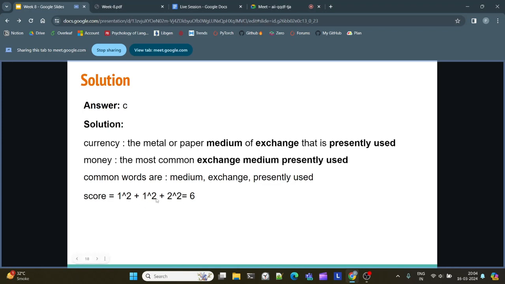So we are always taking a square. Only the base changes: for a unigram, n equals 1, so that is why we have 1 square. For exchange, it's again a unigram, so it's again 1 square. So it's always going to be a square; we are squaring numbers. As I mentioned, if an n-gram is found common between both of the glosses, the corresponding addition to the score would be n square, where n is the order of the n-gram.